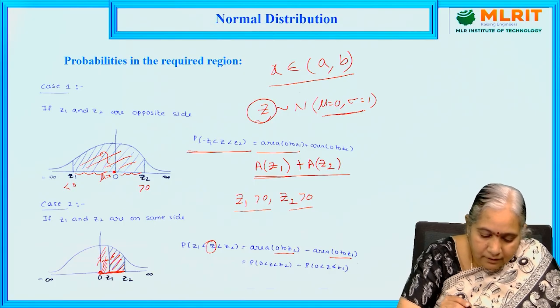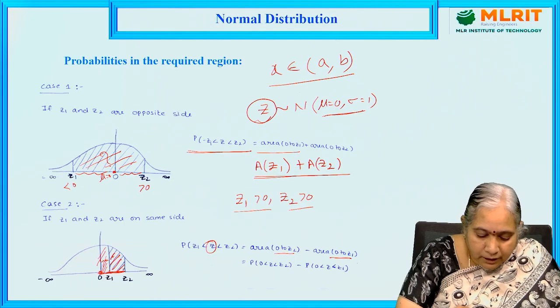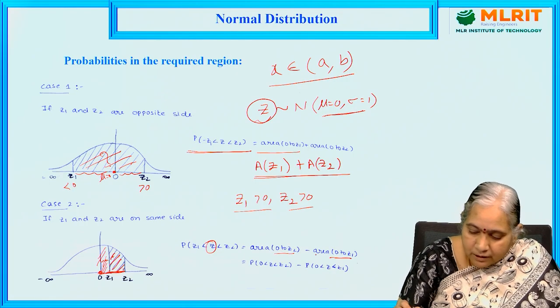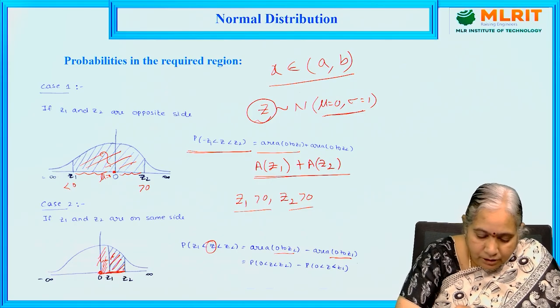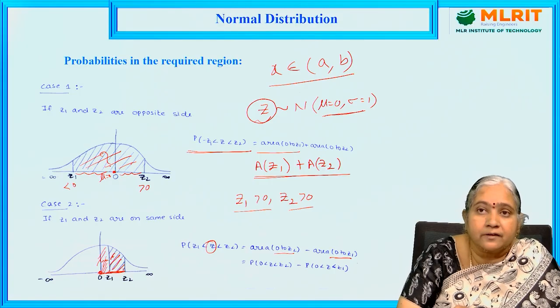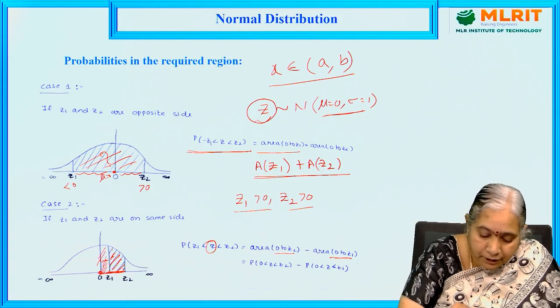So this total area is 0 to Z2. If we take the total area 0 to Z2 and subtract 0 to Z1, then we get the required probability of Z which lies between Z1 and Z2. This is the required area or probability.